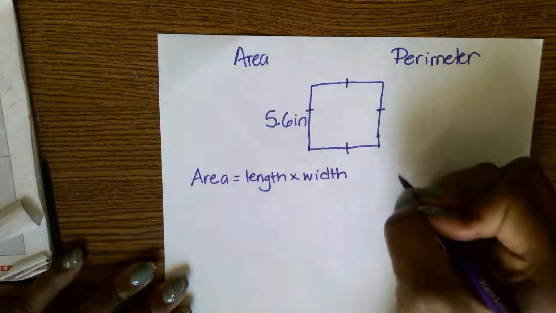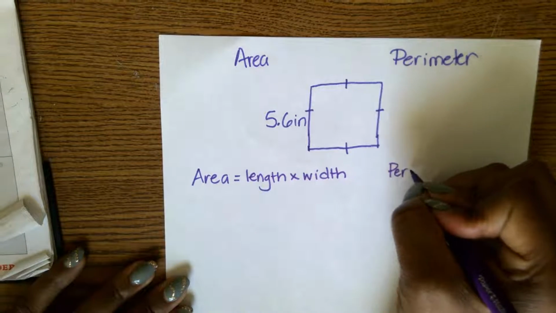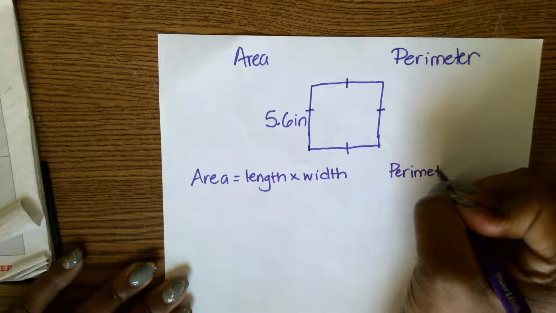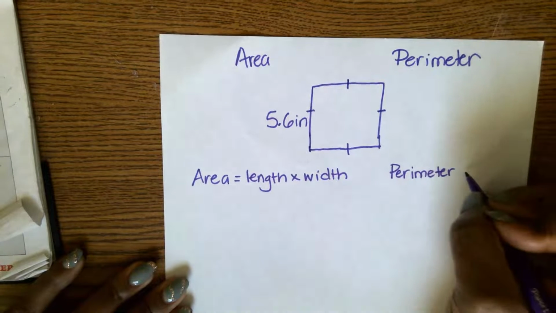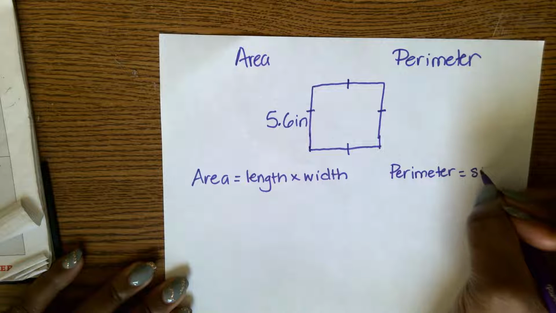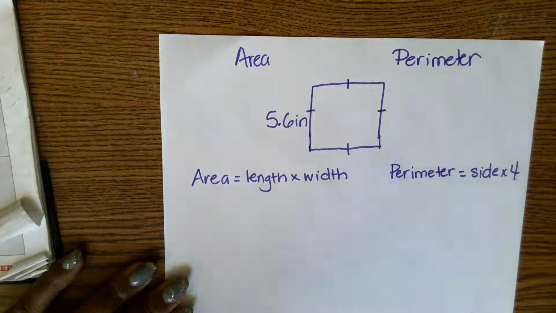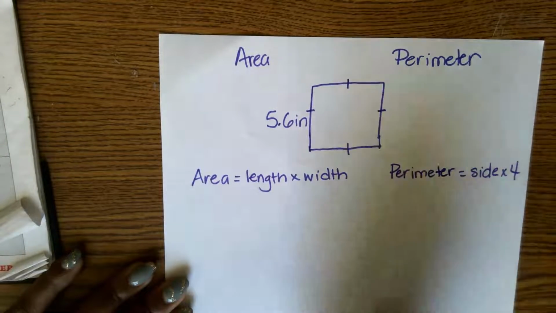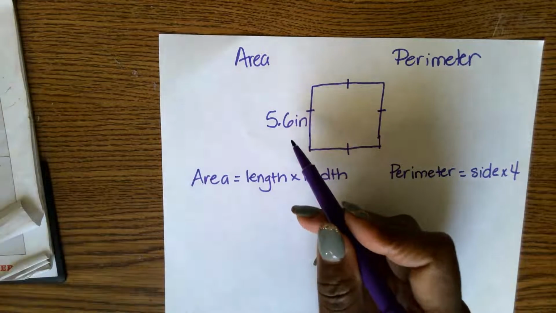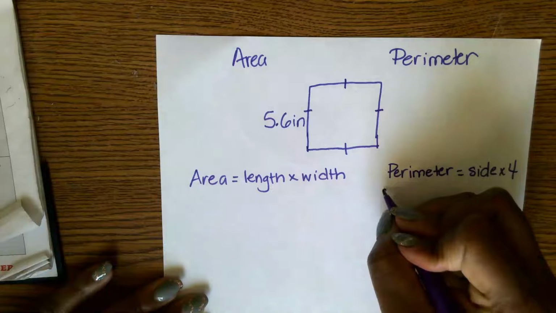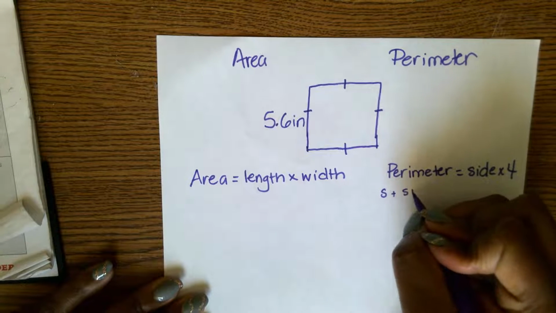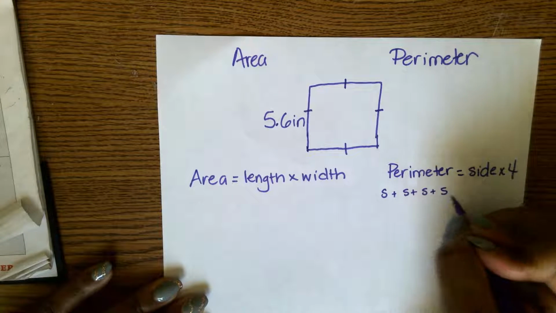And for these purposes, perimeter of a square, the formula is side times 4. And the only reason we can multiply it is because really the formula for perimeter is side plus side plus side plus side. So you add all four sides together.